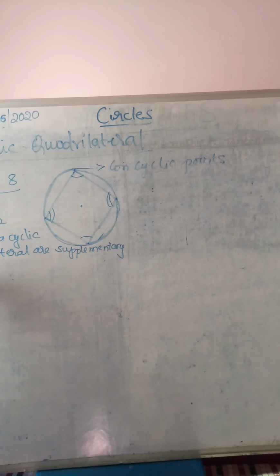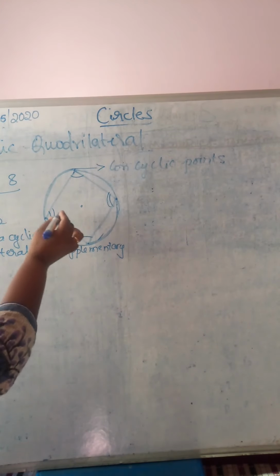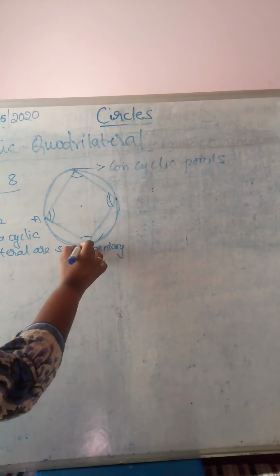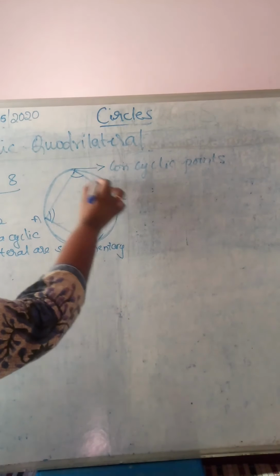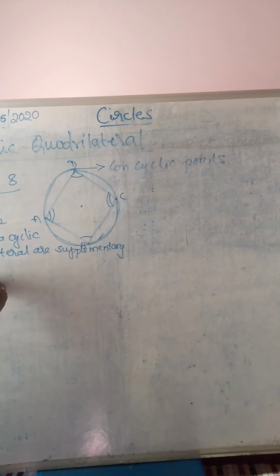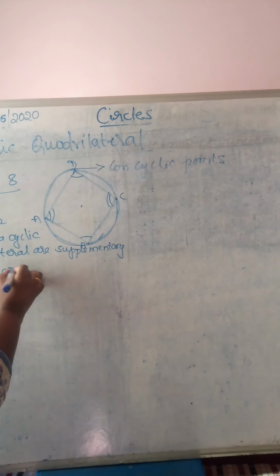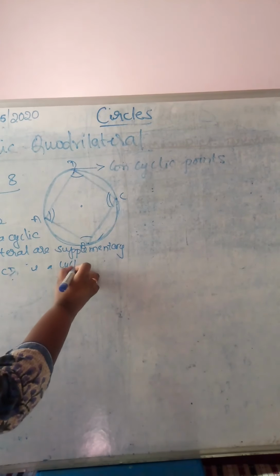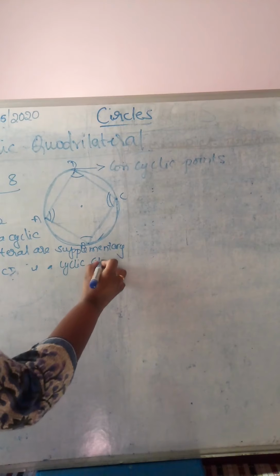Now what is given? Given: ABCD is a cyclic quadrilateral.